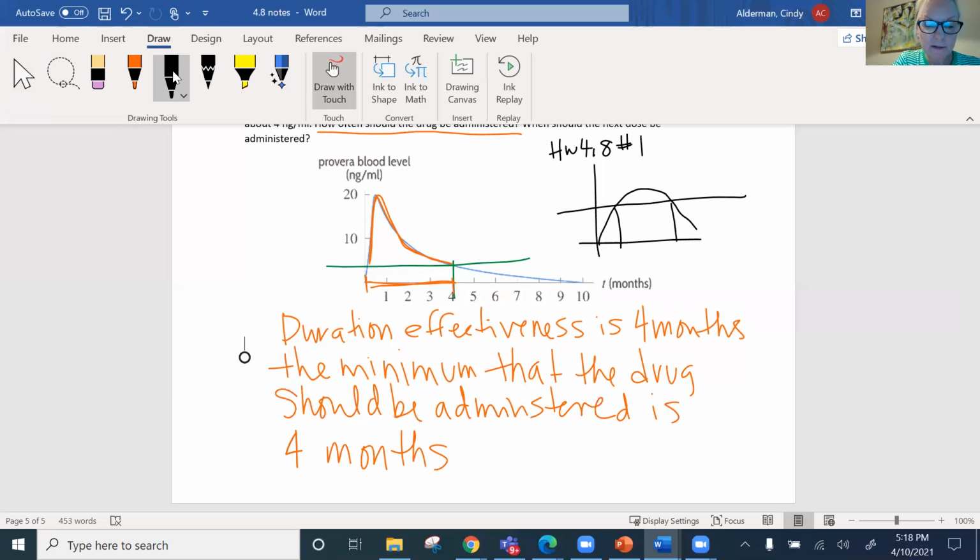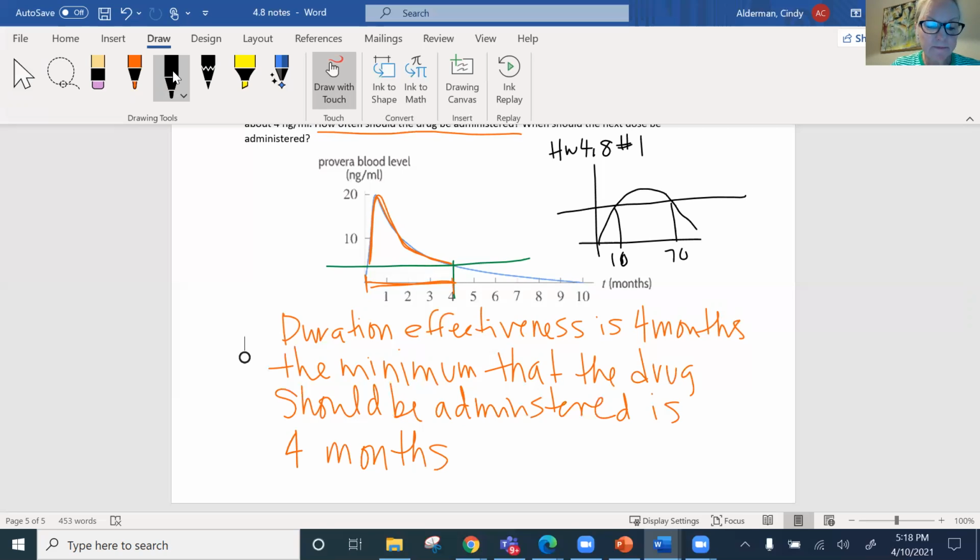So the minimum effective concentration is shown by the dotted line. When should the second dose be given? Right, and this is 70, and this is 10.